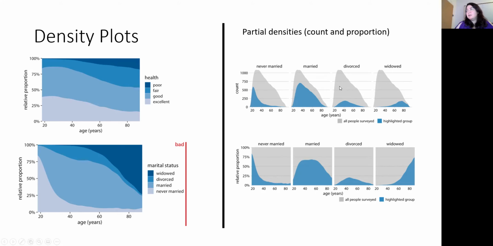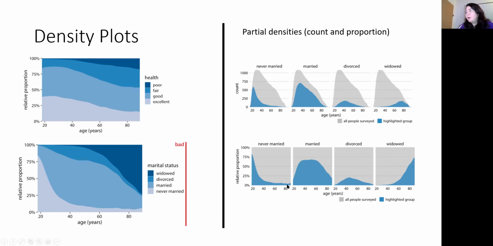So you can see that you can do them by counts or by relative proportions. A lot of times these are ordered, continuous variables like age and stuff like that, so you'll see that these are always done in their order, whichever side you're looking at.